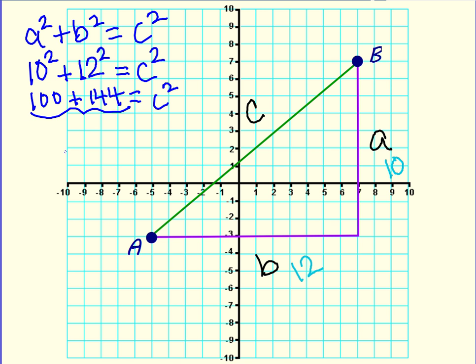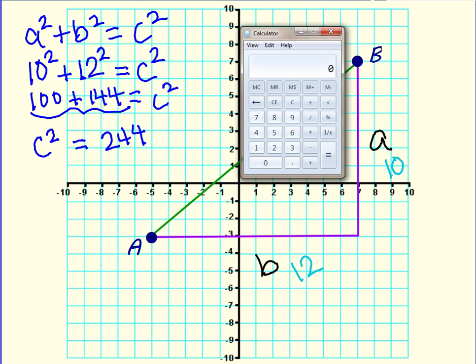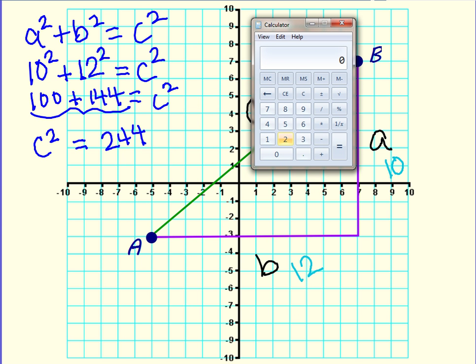Combining like terms, I'm going to switch this around a little bit. Tells me that c squared has to equal 244. That means c has to be the square root of 244. Remember, in the very end, we're always going to square root when we're using Pythagorean theorem.